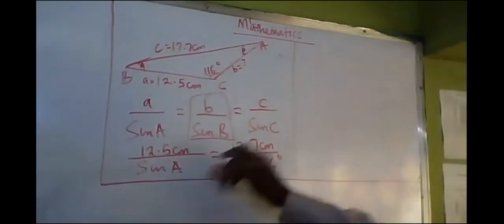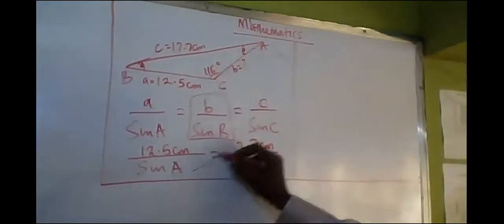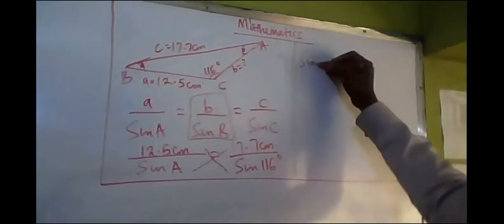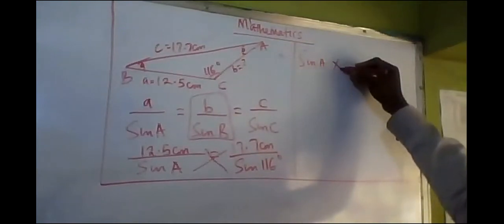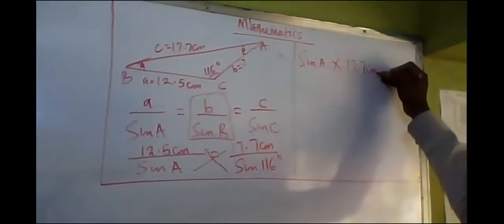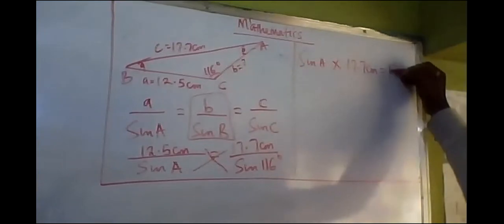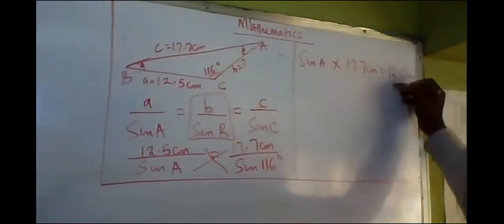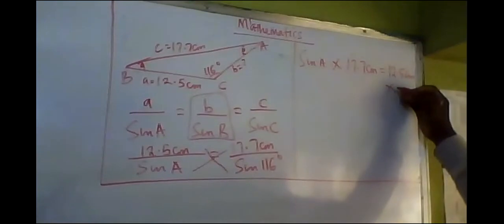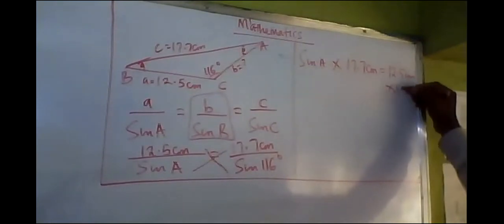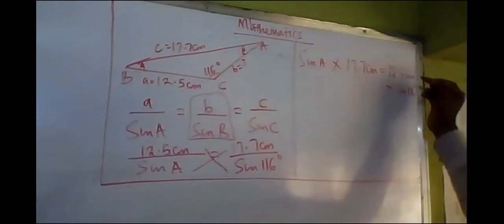Then since you're looking for sine A, cross multiply. So sine A times 17.7 centimeter is equal to 12.5 centimeter times sine 116 degrees.